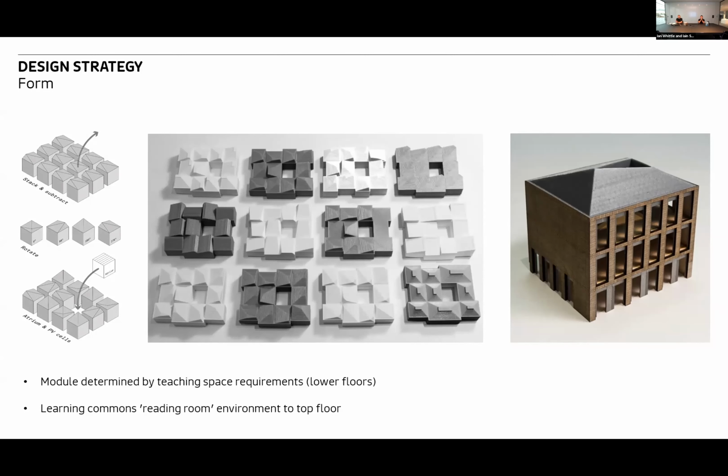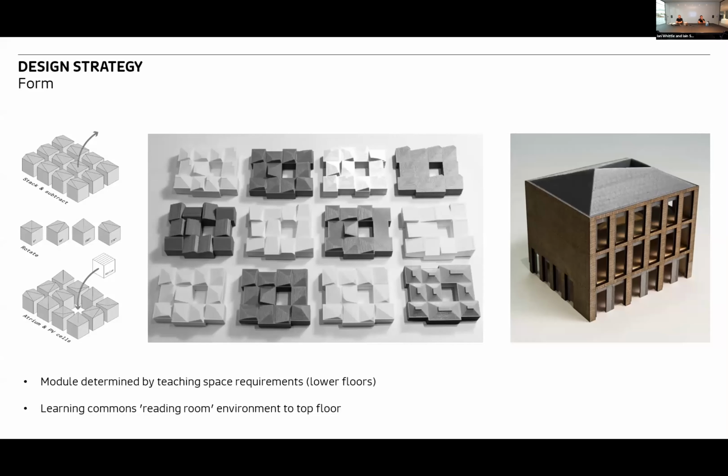So that module we then rotated and configured in a number of different ways, and the 3D printing models that you see in the middle there were some of the experiments we did with different roof forms, with different orientations of the blocks. And one of the key steps was really to remove one of those blocks in the centre to create an enclosed top-lit courtyard, which is really the main orientation space within the building.